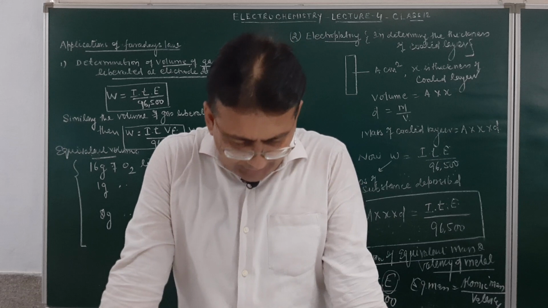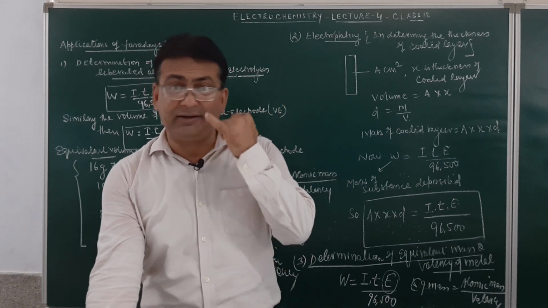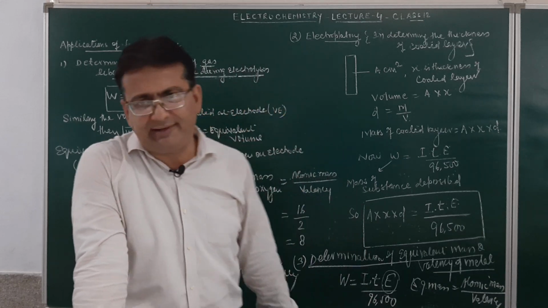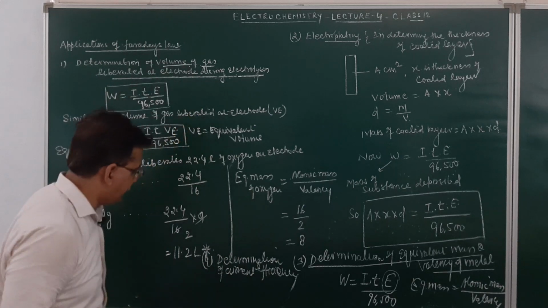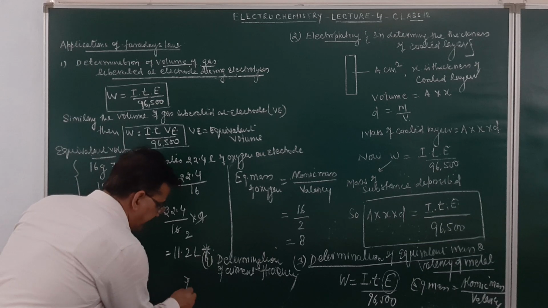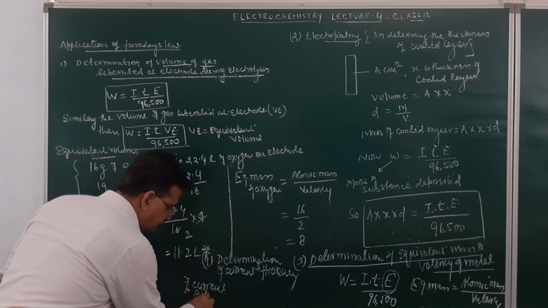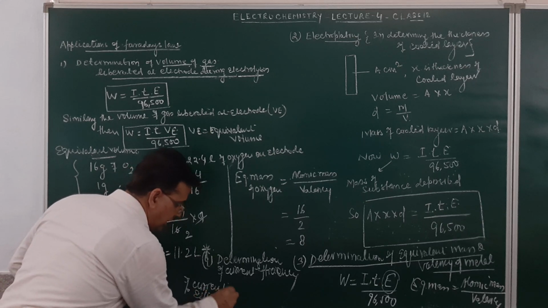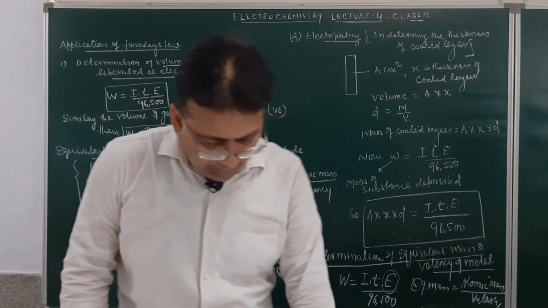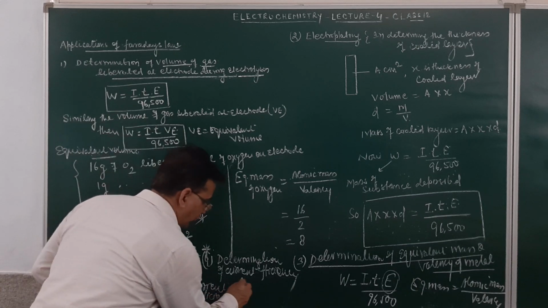So, percentage current efficiency will be equal to the actual deposited mass at the electrode upon the mass calculated using Faraday's law, into 100.